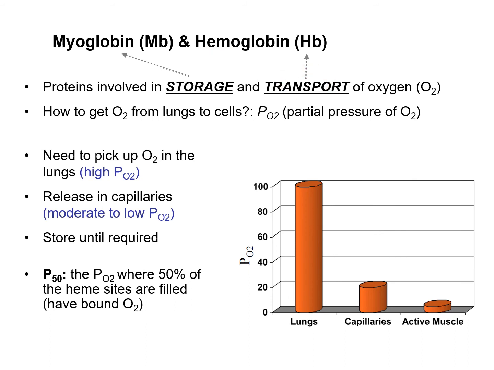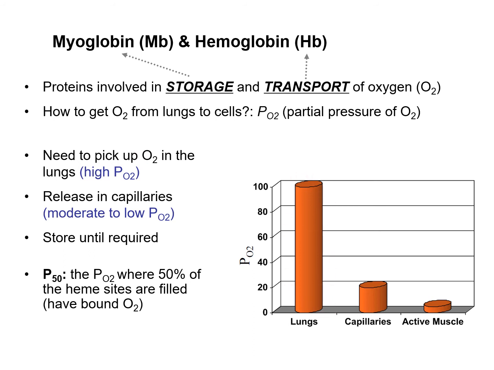Then how to transfer the oxygen molecules from lung to cell so the cells can get enough oxygen for their respiration? The living organisms use the partial pressure of oxygen and regulate that, which is indicated as PO2. And as you've learned in the chemistry or organic chemistry classes, the partial pressure of a gas molecule is basically the amount or the concentration of that in the solution. So the hemoglobin needs to pick up the oxygen molecules in the lung, which has the high PO2.